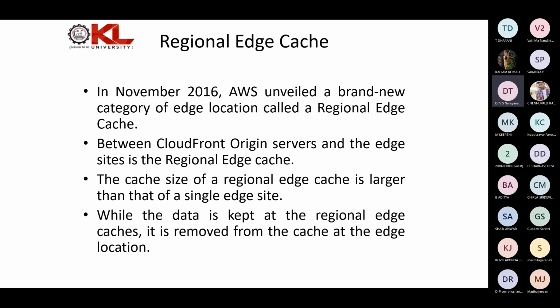Between the CloudFront origin servers and the edge sites is the regional edge cache. The cache size of a regional edge cache is larger than a single edge site, because a number of edges might communicate with one another while communicating with the regional edge cache, which we call a regional server. While the data is kept at the regional edge cache, it is removed from the cache at the edge location.